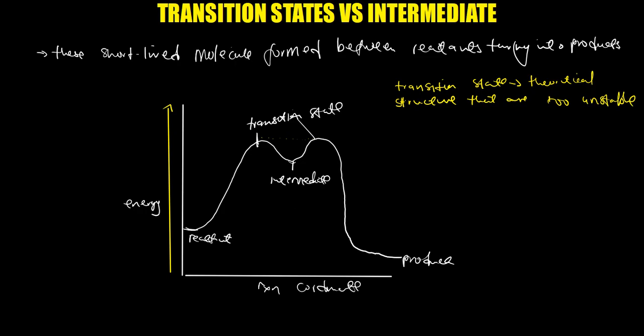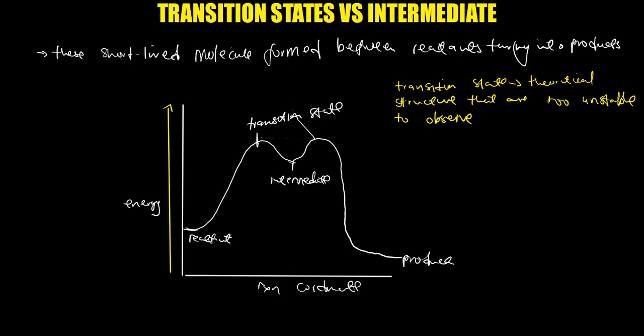Sometimes it's the unstableness of the molecule itself, so the forces between it cause it not to be stable. Something that has high energy is not stable because reactions are taking place frequently in that molecule. So they are too unstable to observe. You can't observe them because they are at the highest energy, the peak of the energy diagram.